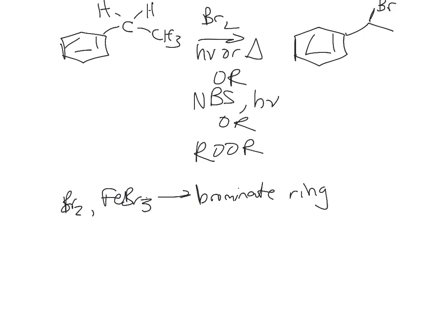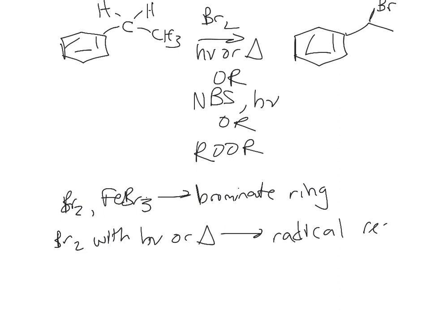If you use Br2 with light or heat, then you're going to get the radical reaction of the side chain. The nice thing is, once you put a halogen on, you can use that benzylic halide as a starting material for other reactions. We can also oxidize and reduce substituted benzenes.